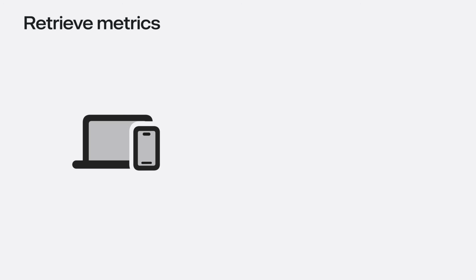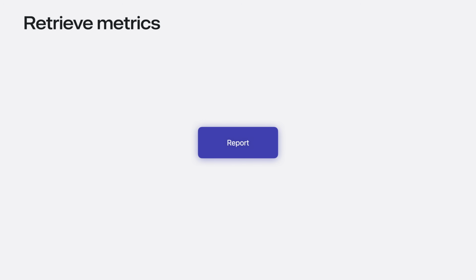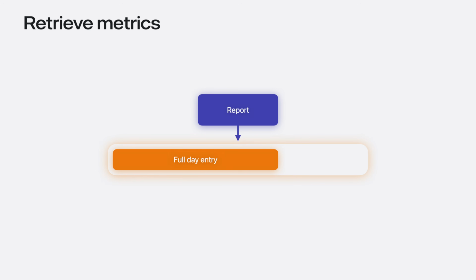As people use your app throughout the day, MetricKit continuously collects metrics like app launches, hangs, memory, and CPU, and delivers it to your app in a daily report. In this report, MetricKit provides an entry that spans the full day usage of the app. It also provides separate entries for smaller breakdowns, typically a few hours each.